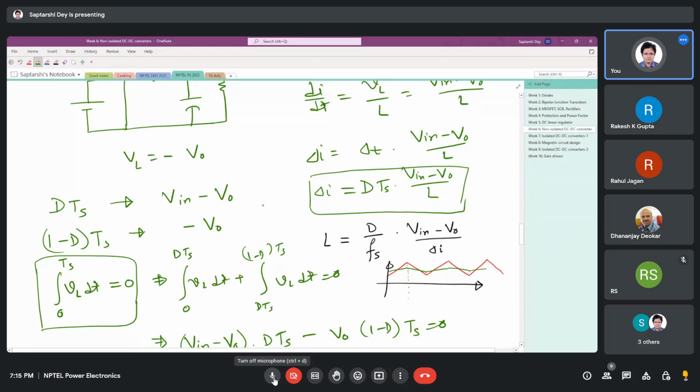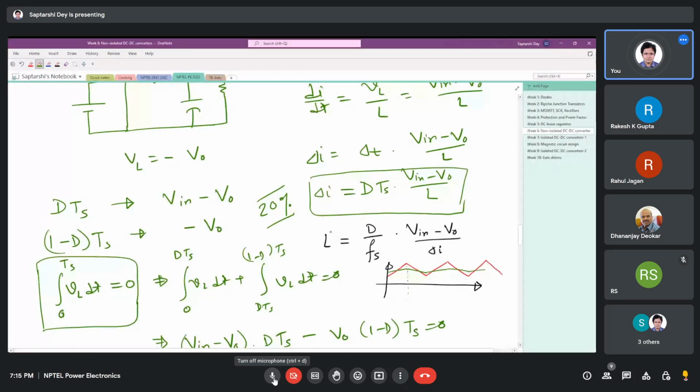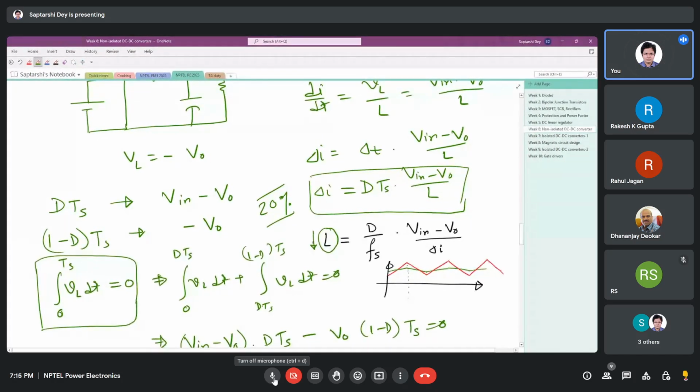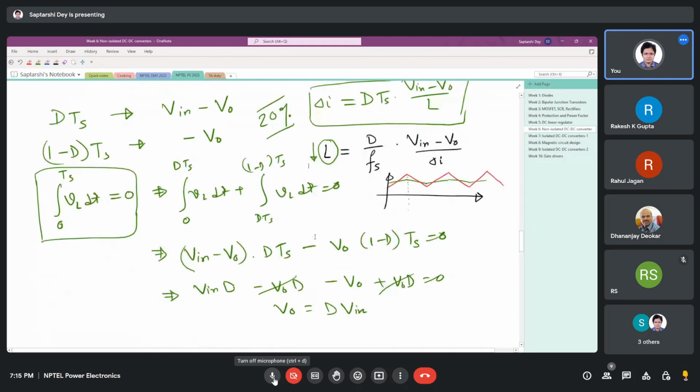But say you do not need this much small value. Suppose you are happy with 20% current ripple in the inductor. So what you can do is, with higher frequency you can reduce the value of the inductor. If you remember what I was discussing in the very first class, I said that increasing frequency has definite advantages.